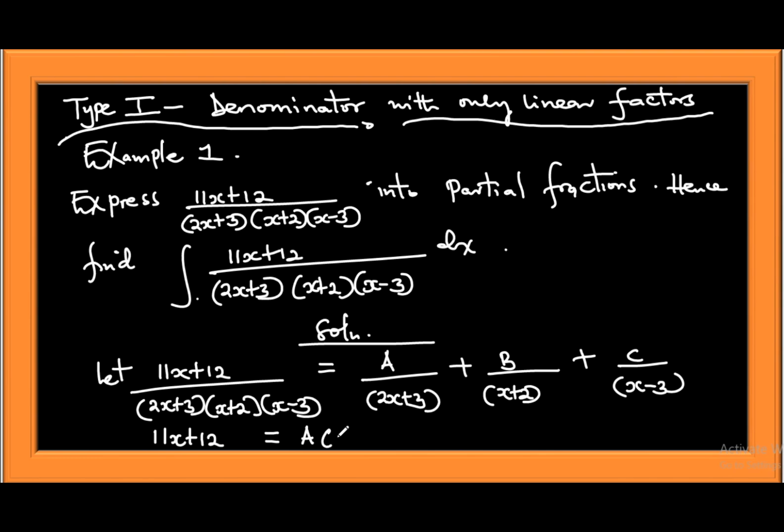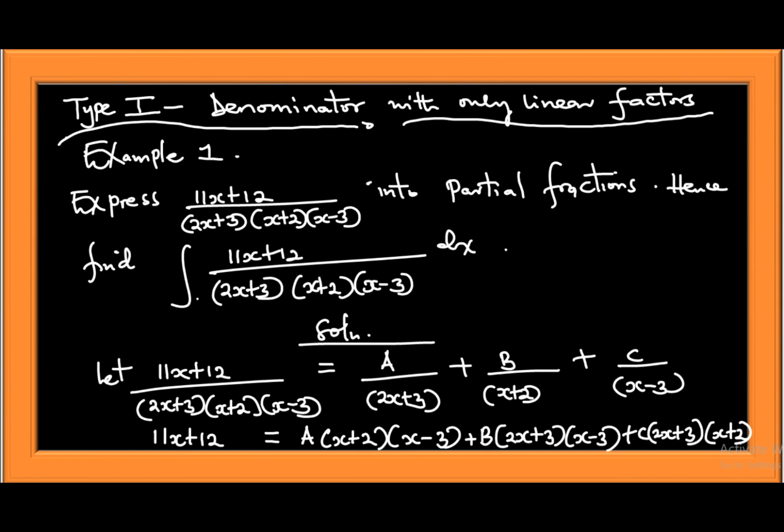We remain with (x plus 2)(x minus 3). For B, we get the LCM again, divided by x plus 2, so we remain with (2x plus 3)(x minus 3). And finally C, we get the LCM divided by x minus 3, so we remain with (2x plus 3)(x plus 2). That is one important step that we can proceed with.